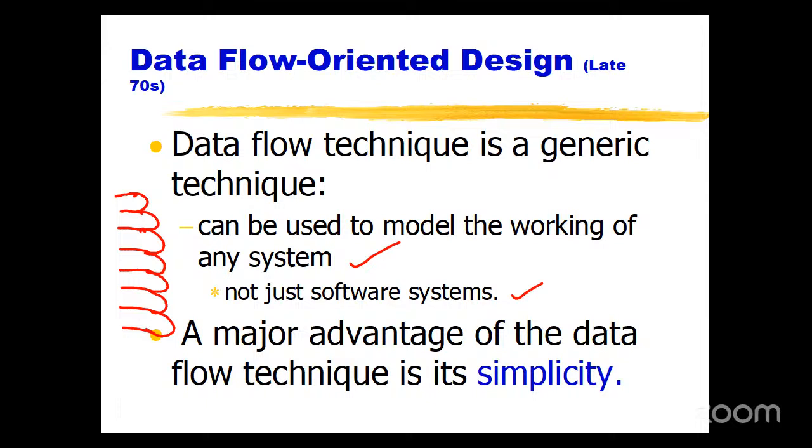Okay. So a major advantage of this data flow technique is its simplicity. Whenever you are going to apply this particular data flow technique, it is going to be simple in nature, because you yourself are giving this sequence, that is how the data is flowing. If you are choosing your project as X, how your X project is starting and how your X project is ending, the flow you are only defining.